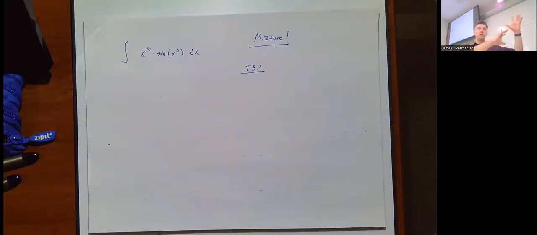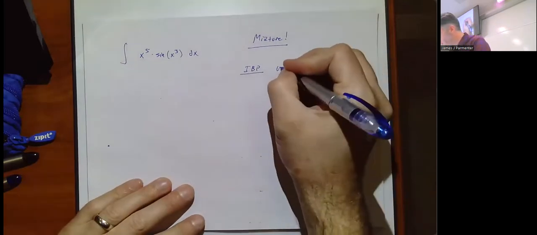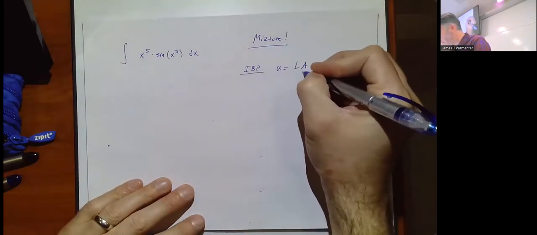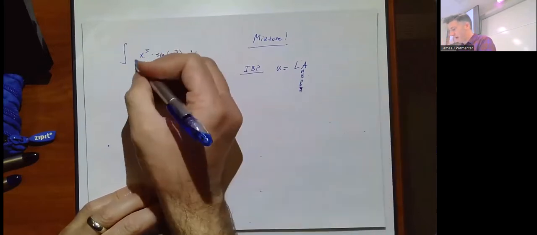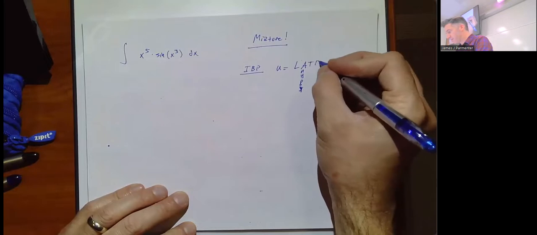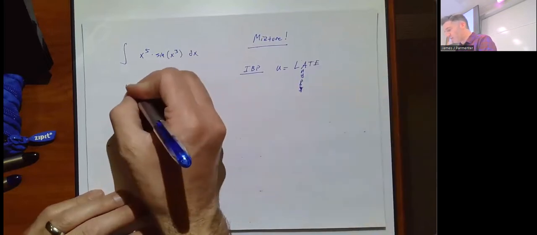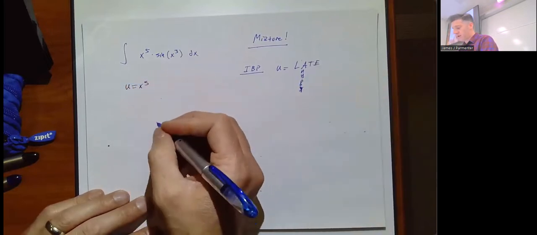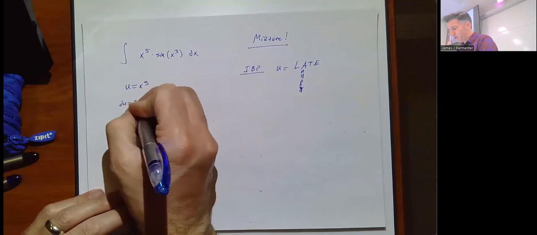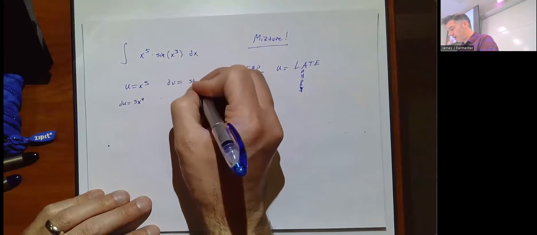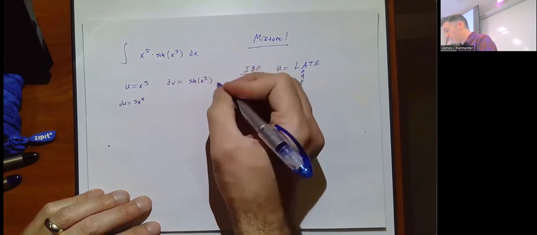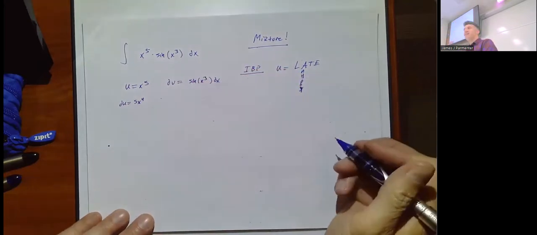Because I don't have a log, I do have a power of x. So I've got x to the 5th as my power of x. But if I did that, look what happens. If u equals x to the 5th, and du is 5x to the 4th, my dv has to be the rest. And I'm going to tell you all, not only do I not know how to integrate sine of x cubed, I think it's actually impossible.